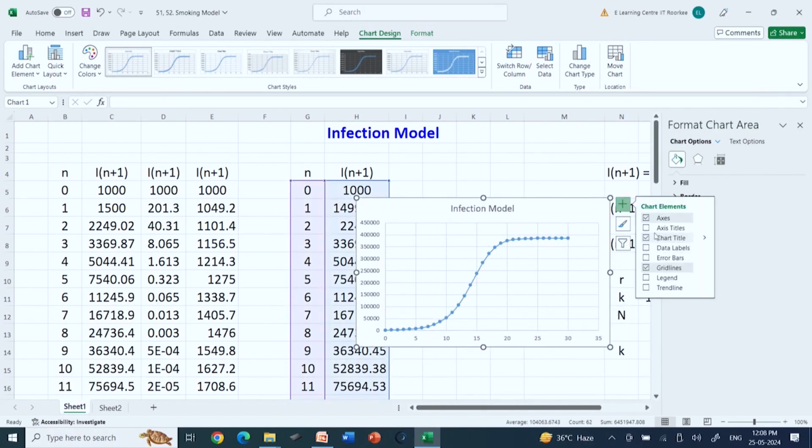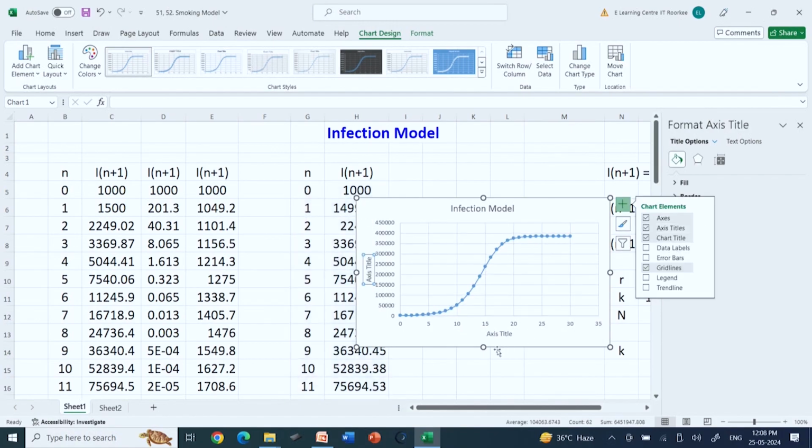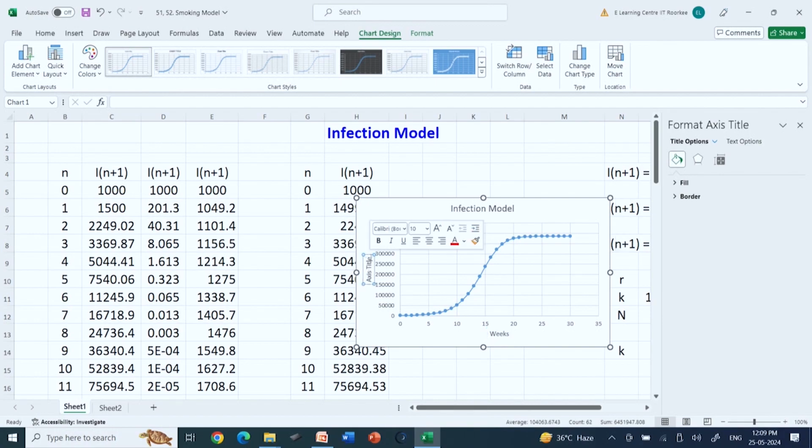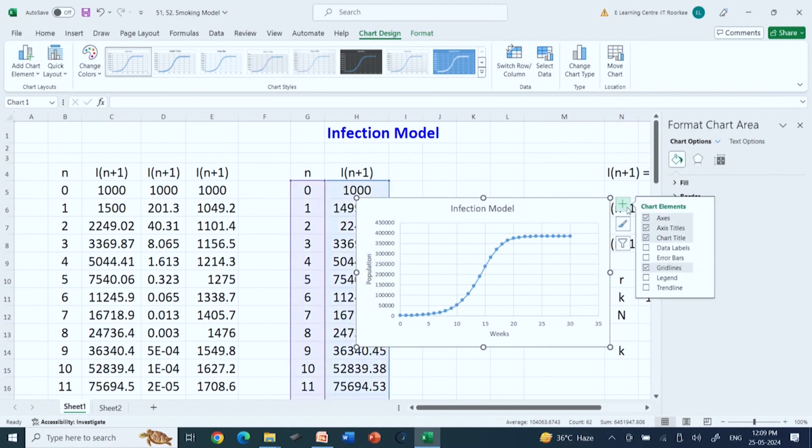If I want access title, I click this. Here it is weeks and here it is population. If you want the grid lines to be removed, go here and just click this grid lines and it will go.